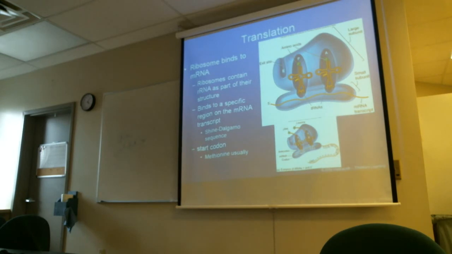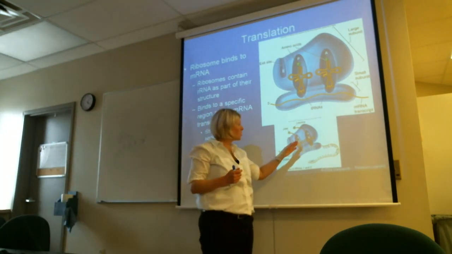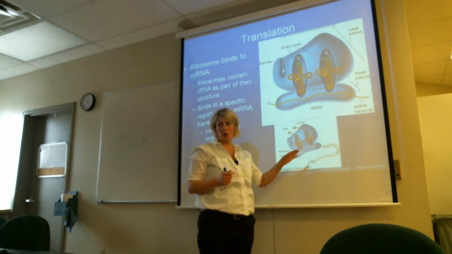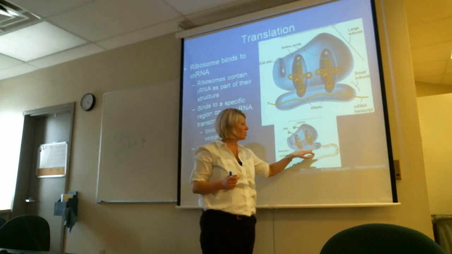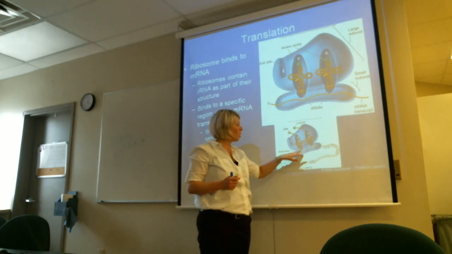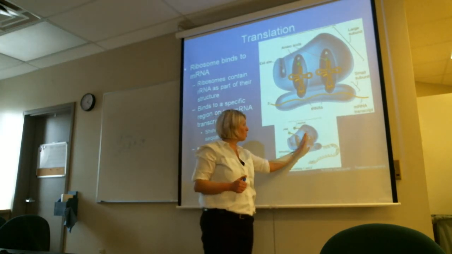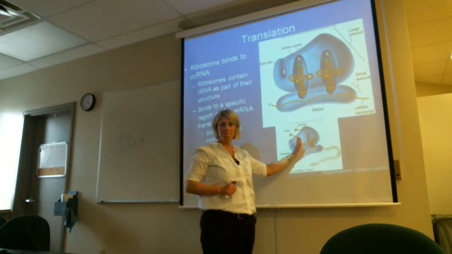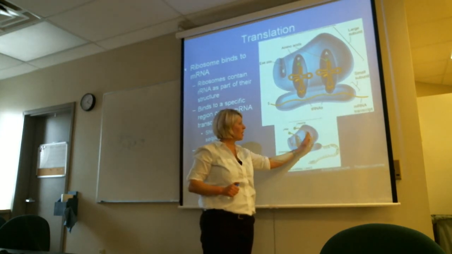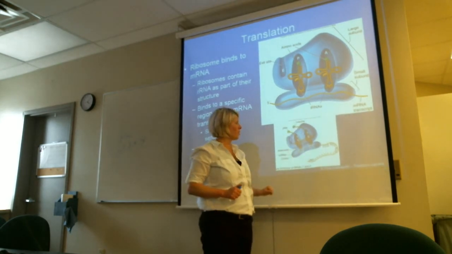Now, if you take a look at these first steps here, you'll have this first transfer RNA, and see how it's attached to the codon. Remember, codon, anticodon. Does everybody see that? That first one moves over to the P position. The second transfer RNA comes in, brings its amino acid.